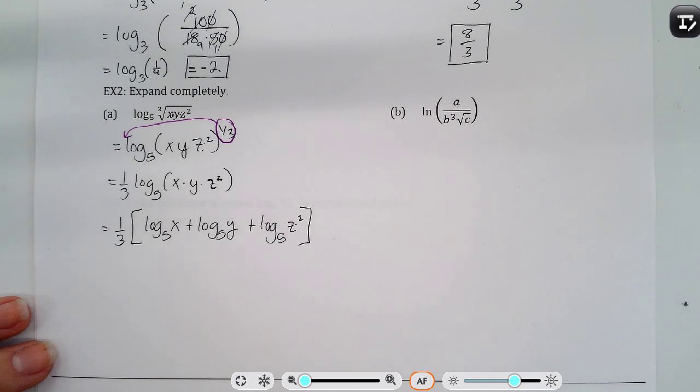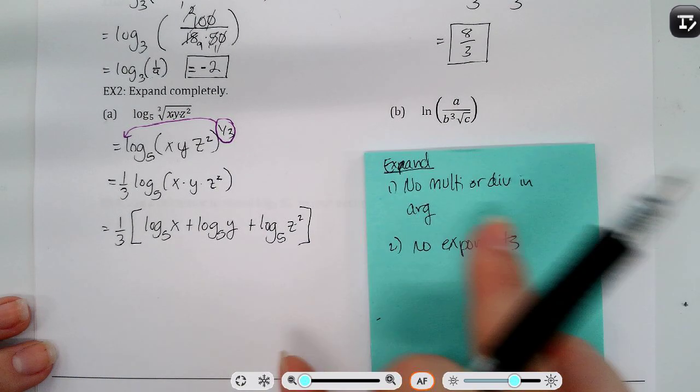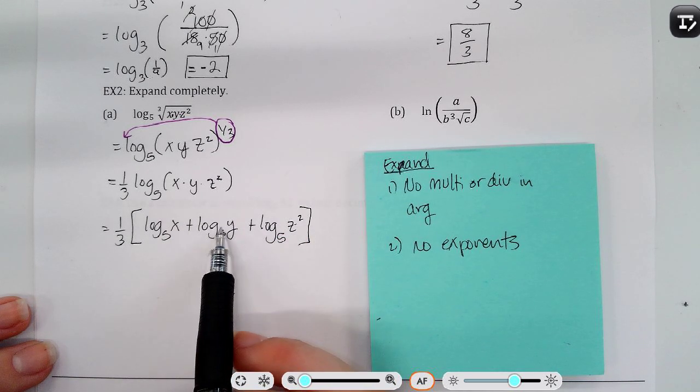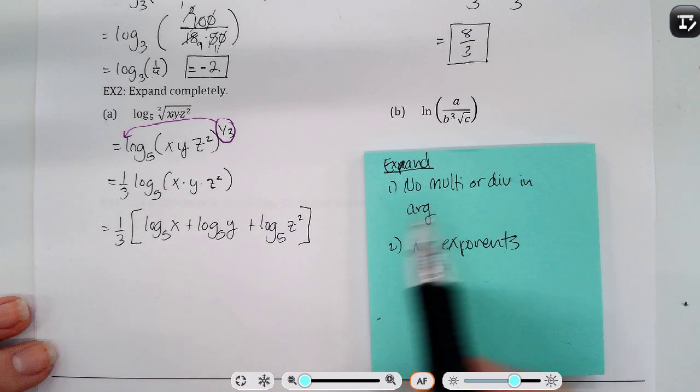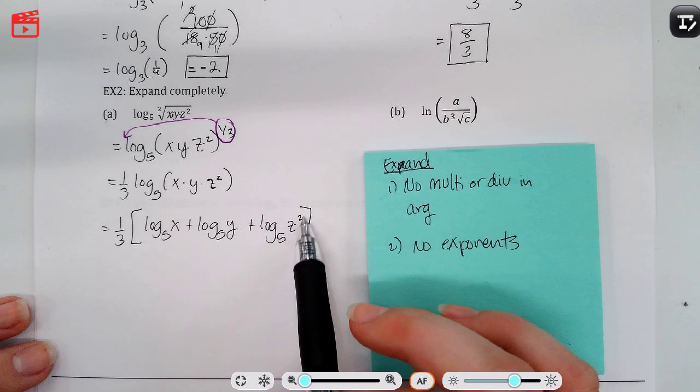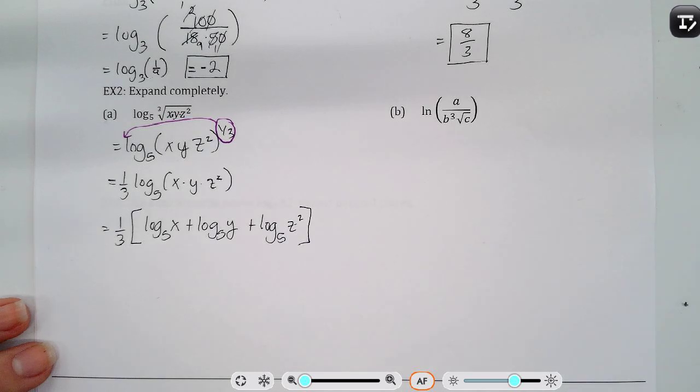All right, okay. Well, let's see. Checking, do we have any multiplication or division in the logarithms? Or in the arguments? No. Do we have any exponents? Aha! That exponent right there. We got to get rid of you. So we're going to bring you out front.